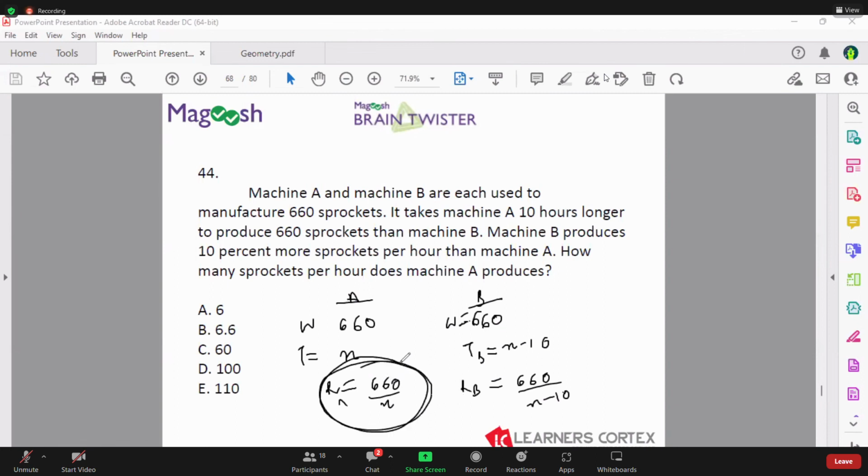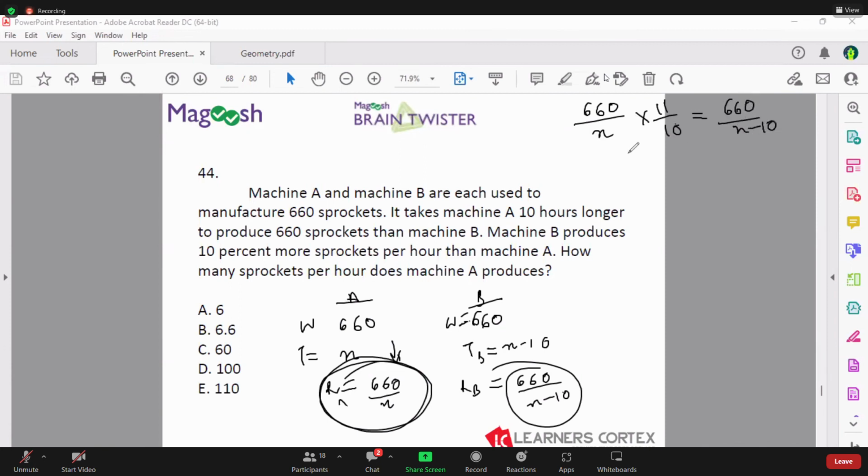Now it says that machine B produces 10% more rockets per hour than machine A. So if we increase this particular rate by 10%, it would be equal to this. So we multiply 660 over x by 11 over 10, and this would be equal to 660 over x minus 10.